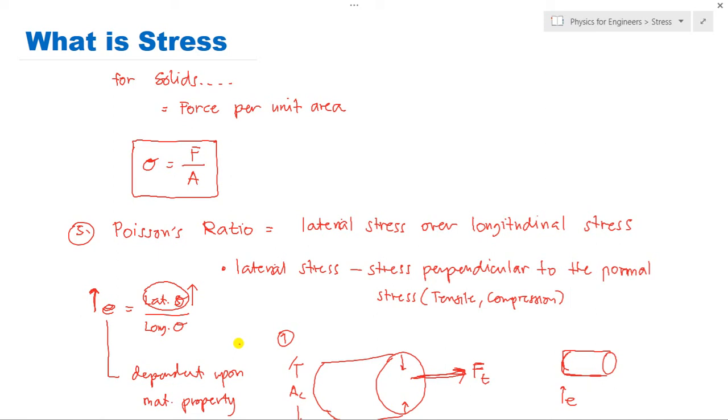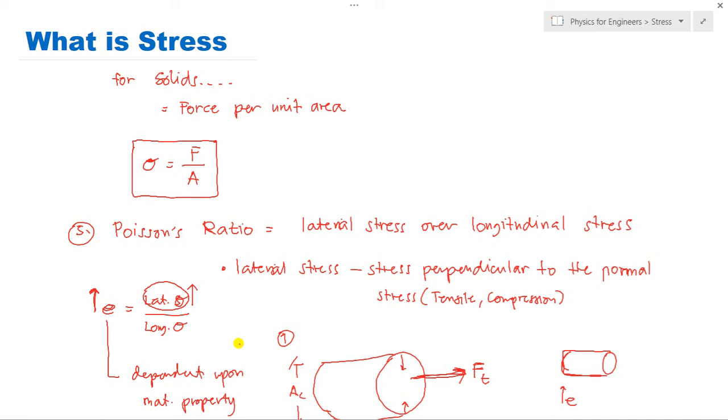Then we can relate also the shear stress and the strain by using Hooke's law, so that we can arrive at the value of our modulus of elasticity, which is the ratio of the stress over the strain.